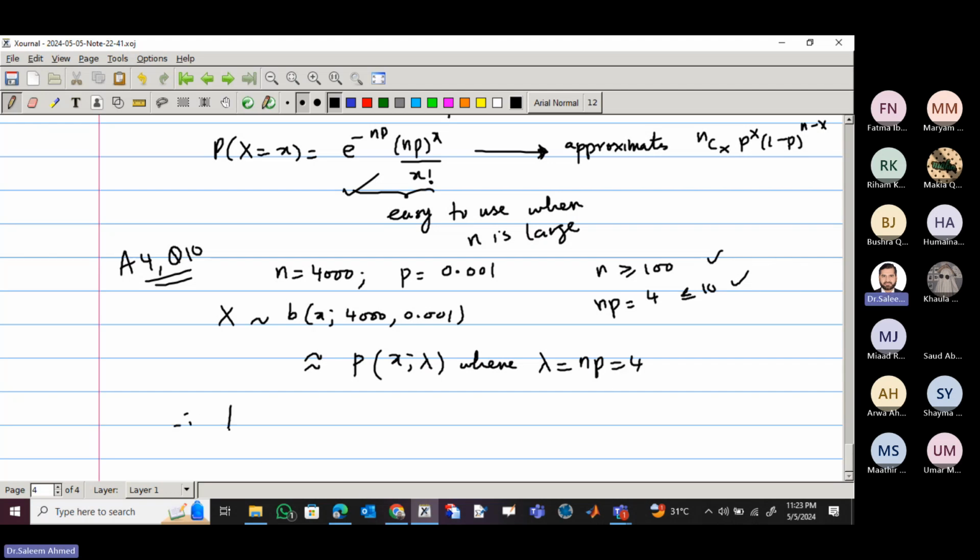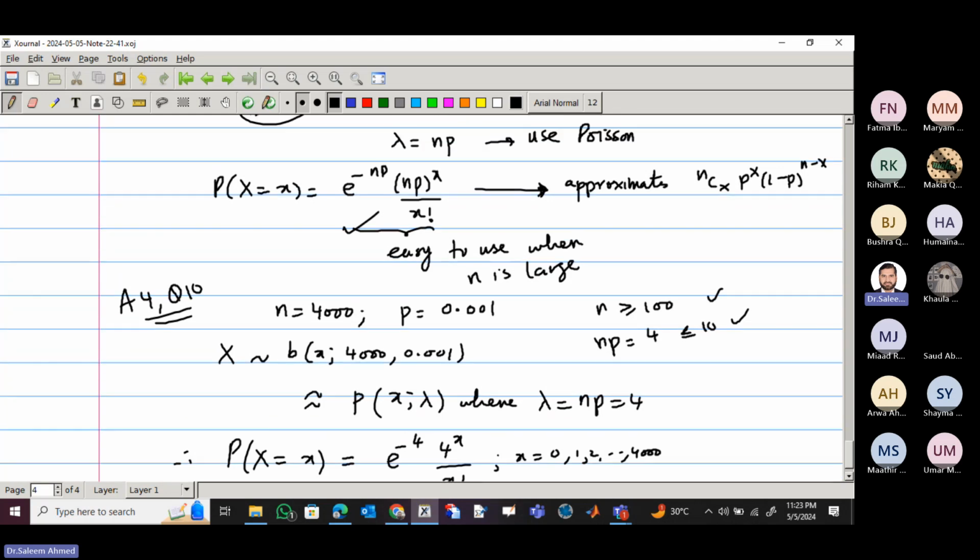Therefore, the probability of X equal to x is e to the power minus 4, 4 to the power x by x factorial, and x will go from 0 to 4,000. All 4,000 can die, but the probability will be very, very small. Now, whatever they ask, you can answer the question from here.